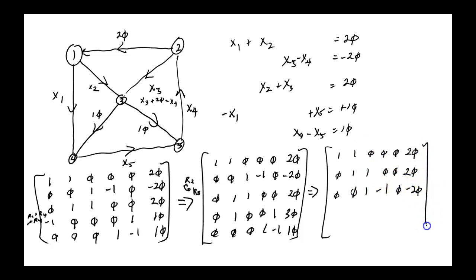Okay? And we're not messing with 4 or 5, so just write them down. 0, 1, 0, 0, 1, 30. And 0, 0, 0, 1, minus 1, 10.